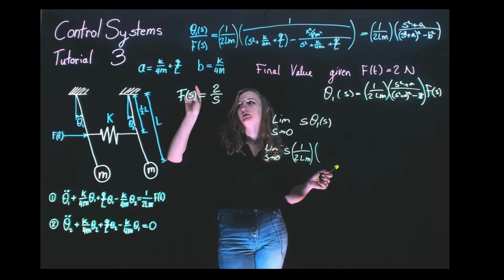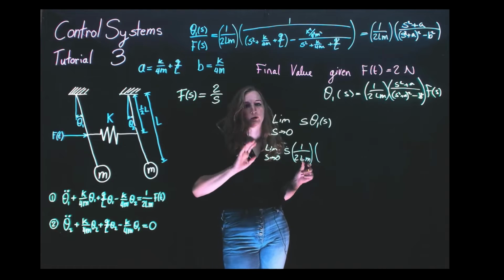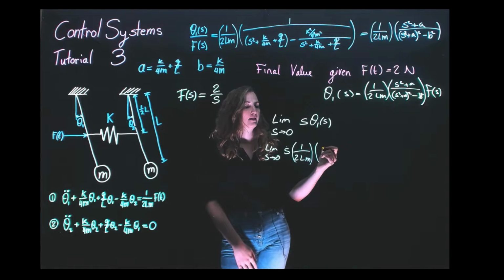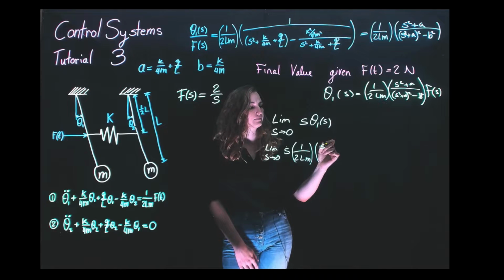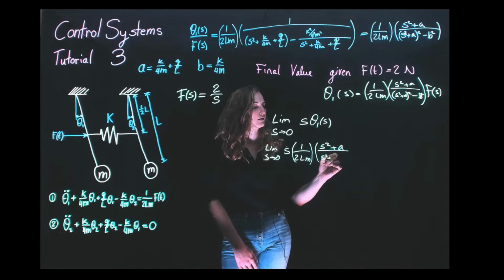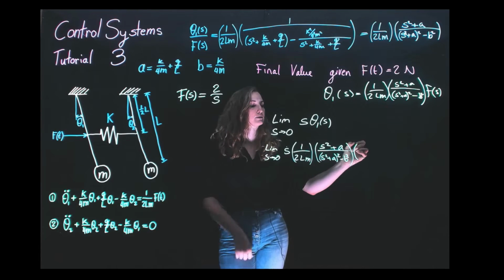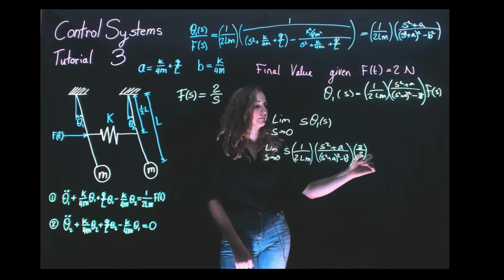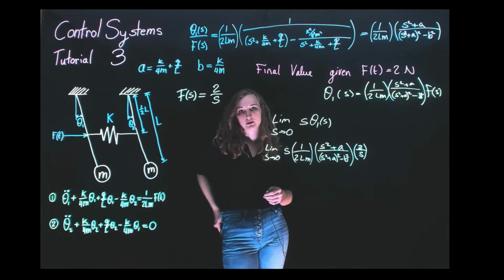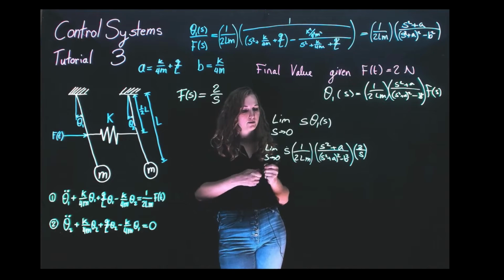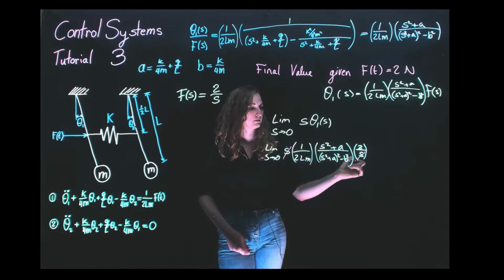So if we had the stiffness and the mass and the length, we could plug in numbers and we could have that completely evaluated. So we get (s² + a) over ((s² + a)² − b²), times, and I'm going to plug in F(s), which is 2/s. As you might be able to spot, some things here are going to cancel out.